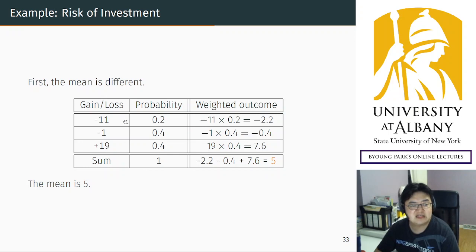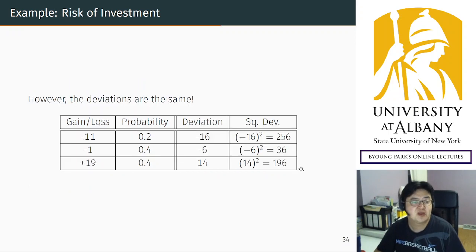This is a transformed random variable obtained by subtracting 1, so the mean also preserves the same linear transformation. And it's easy to see that the mean is $5. You expect to make $5 profit from this lottery.